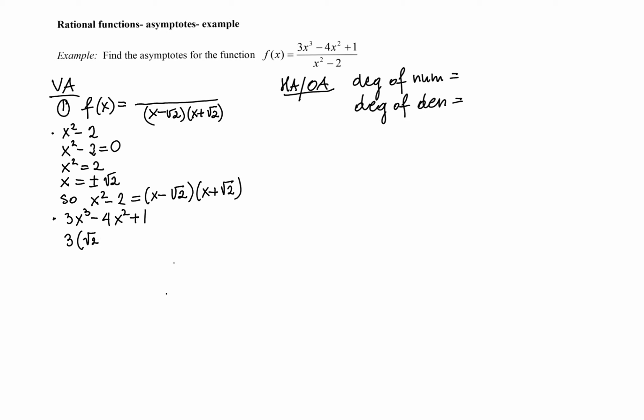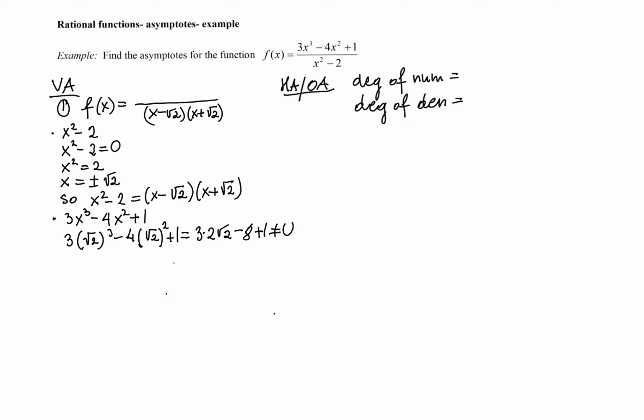So for example, if I plug in the value square root of 2, I will have 3 times square root of 2 to the third power minus 4 times square root of 2 to the second power plus 1. If I perform the exponentiation, I will get 3 times 2 square roots of 2 minus 4 times 2, which is 8, plus 1.